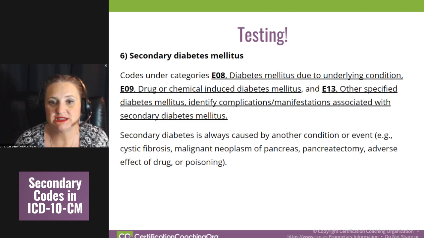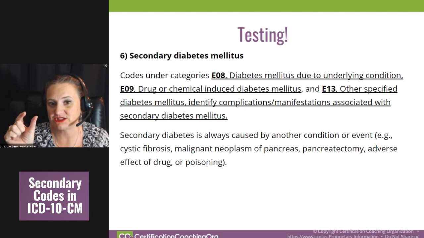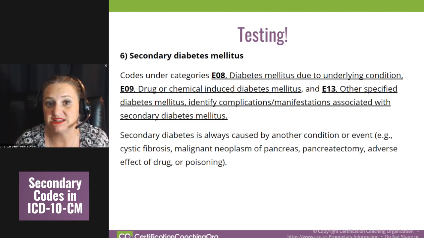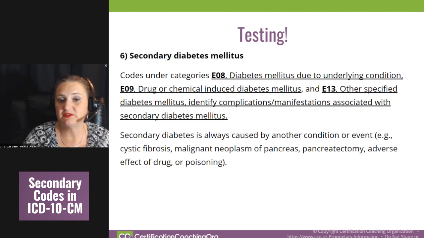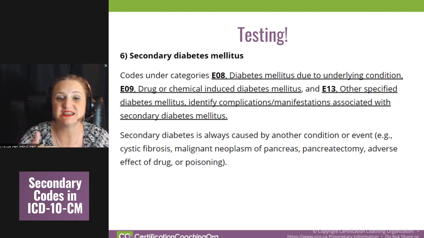E08 is your diabetes due to an underlying condition. Pay attention to that. Some type of condition caused the body to become diabetic. It's not a secondary diagnosis; diabetes is secondary to something else.